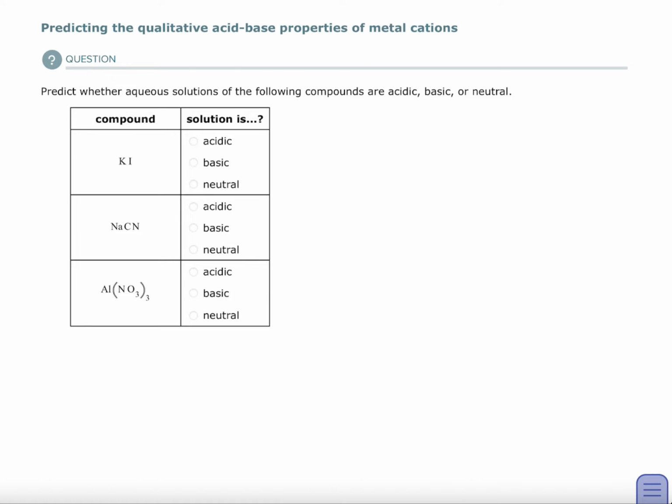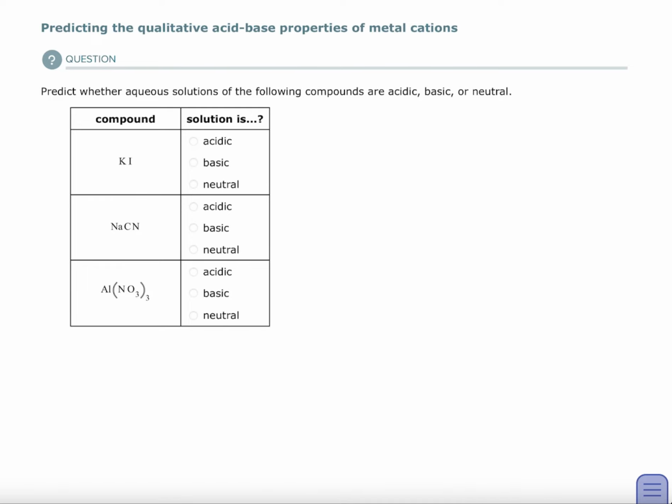So that's what I would look at. I would look at the anion and ask myself a question: is its conjugate acid a weak acid? If the conjugate acid is a weak acid, then it itself is a weak base. If its conjugate acid is a strong acid, then it itself is nothing at all. So that's the first thing that I would look at.